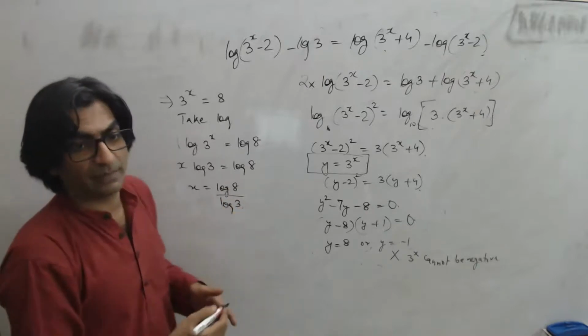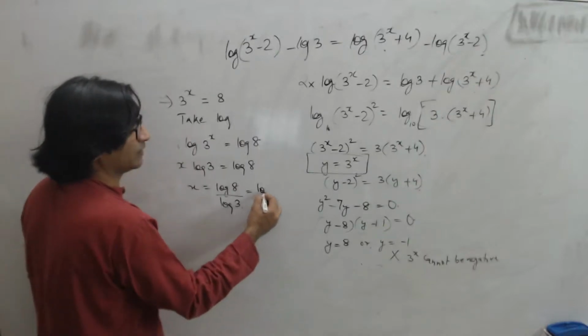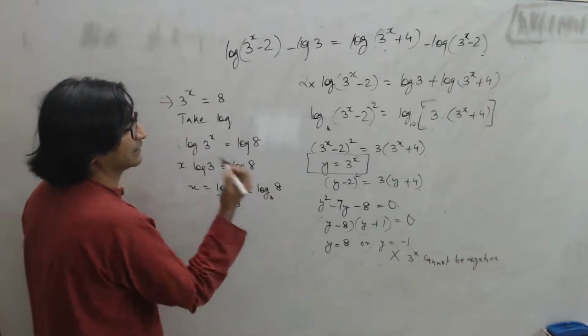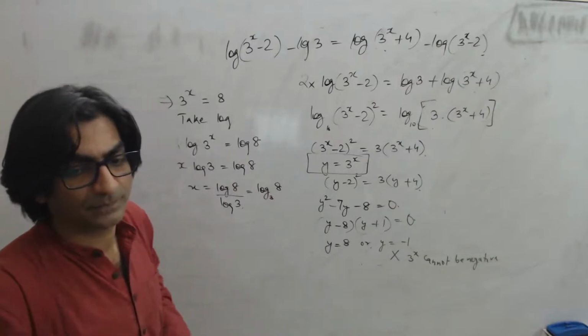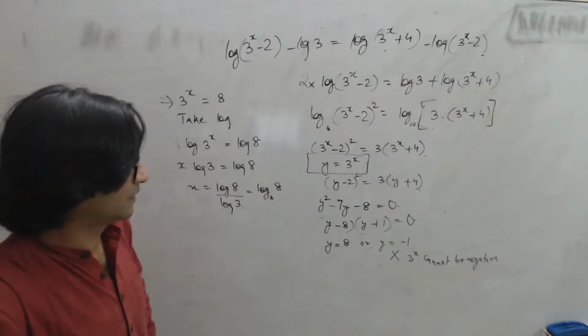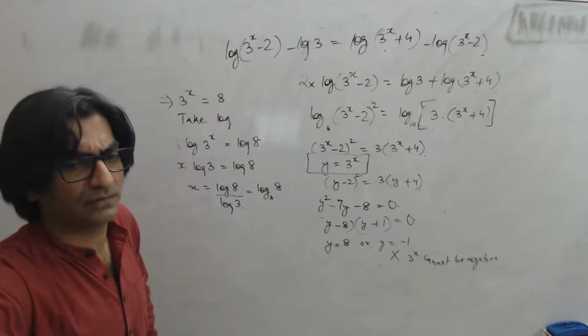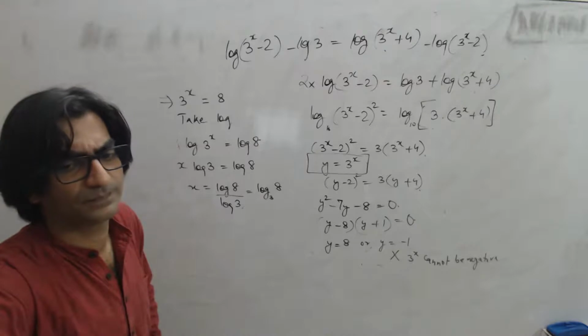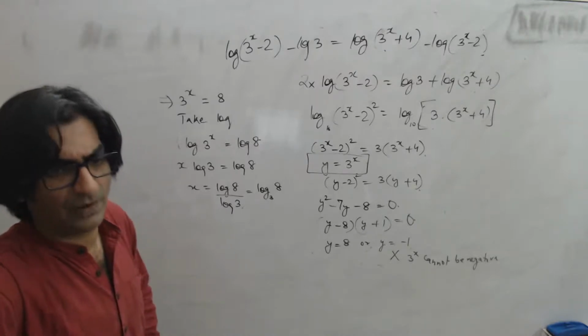So either log 8 by log 3, or, by the change of base in reverse, it can also be written as log of 8 in the base 3. That's option B. Good. Those of you who managed to figure this out, good. All right.